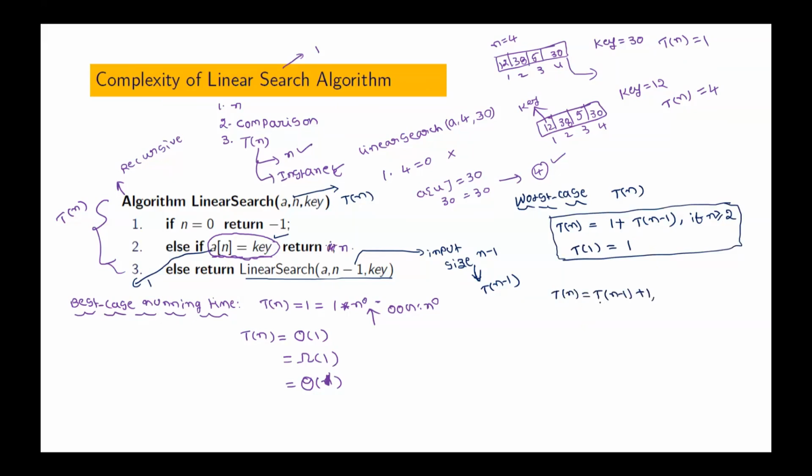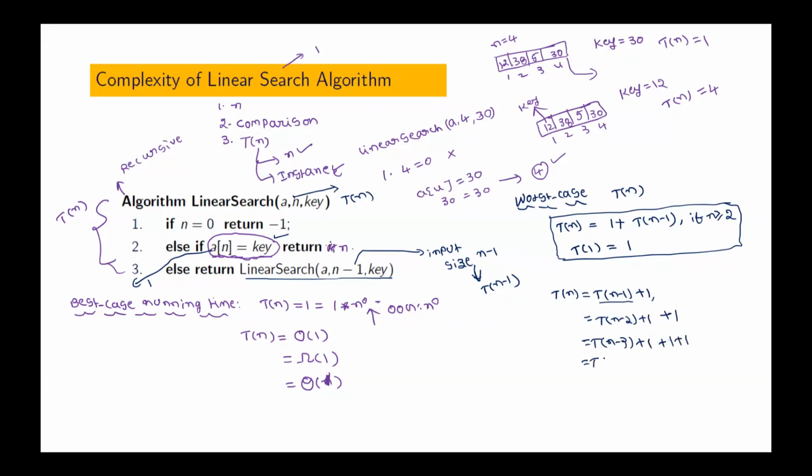Now what is T of n-1? It is T of n-2 plus 1, plus the 1 that is already there.